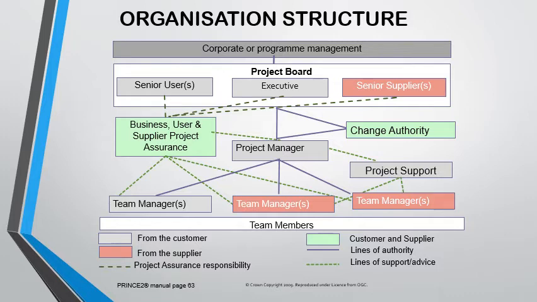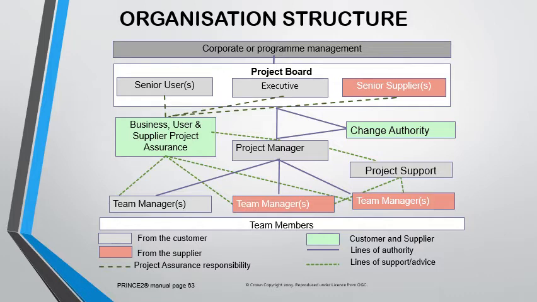One thing for certain is the interests we have mentioned earlier, they all have to have representatives on the project board. So what you're seeing here that looks like an organogram is the organizational structure for the PRINCE2 project. Of course, at the very top, you can see the corporate or program management already established there, and they are always going to be external to the project.